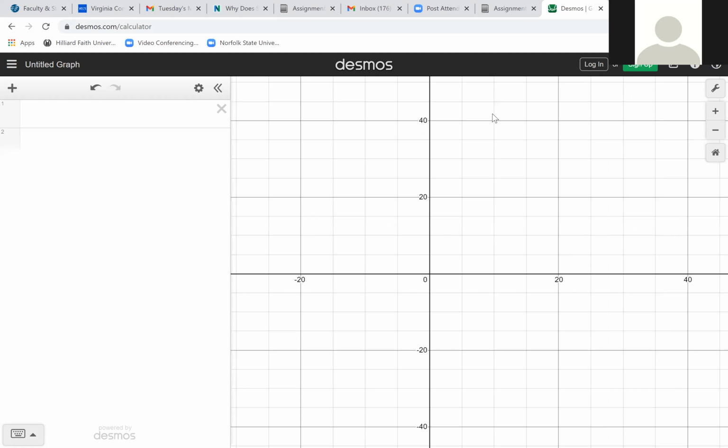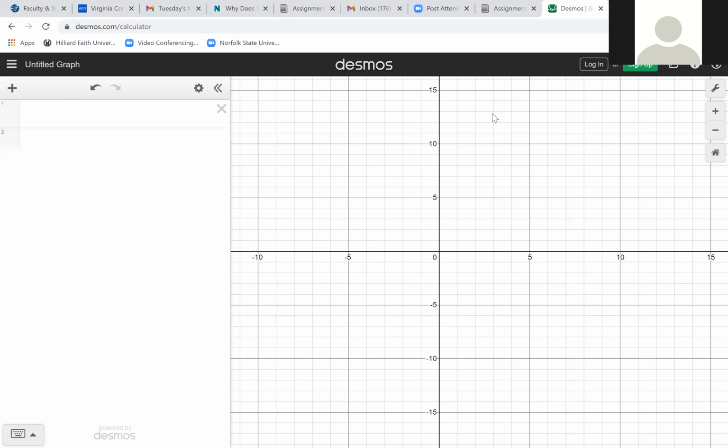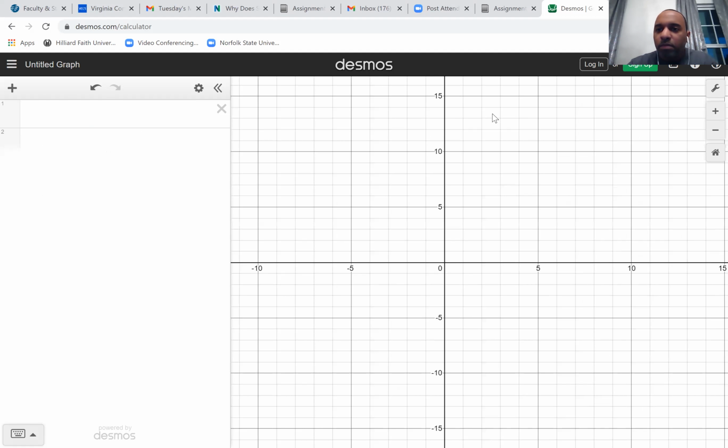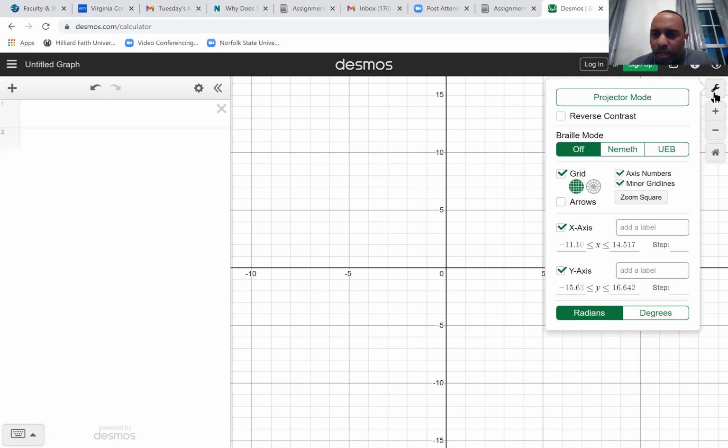Are we trying to change this to the like 1 through 5 and then the 10 through 90? Yeah, that's exactly what I want to do. Up here it goes right here.